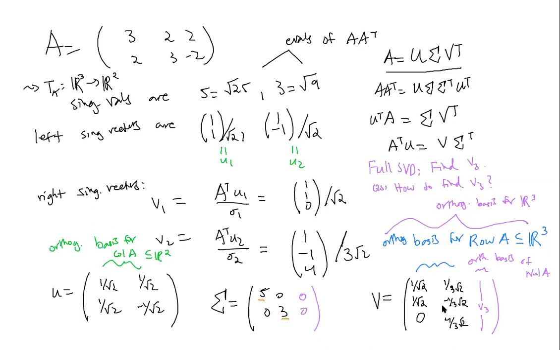But for V, there was a missing part of R3 from the row space. There was a non-zero null space. And so V is not 3 by 3, it's 3 by 2. So V, for the truncated version, is not an orthogonal matrix. But correct, V transpose V is still the identity because the columns are still orthonormal.